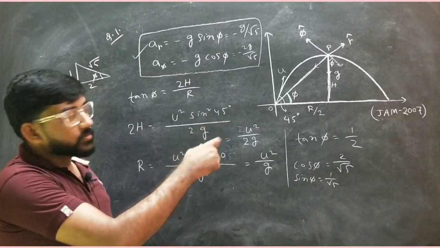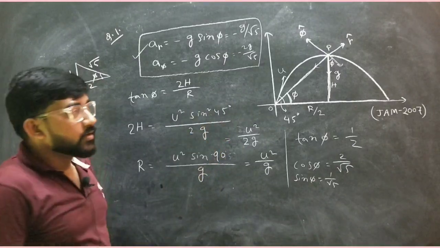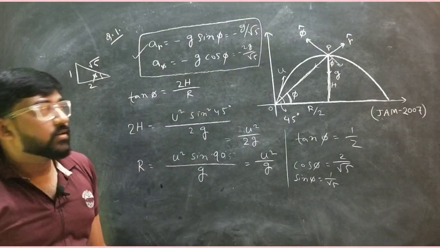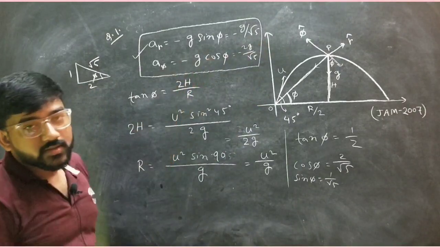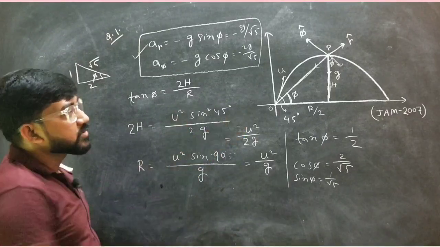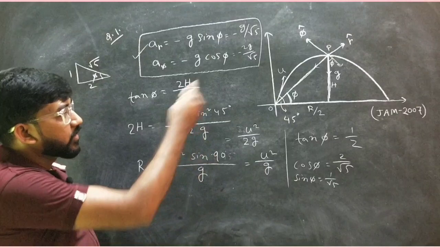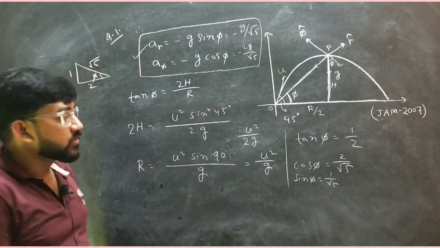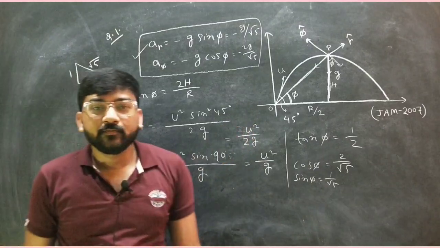The question is not from a direct formula, but the concept is the same, along the transverse direction and the radial direction. Sometimes you have to solve questions conceptually by following the directions and components of g. So this question is very important, asked in JAM 2007.